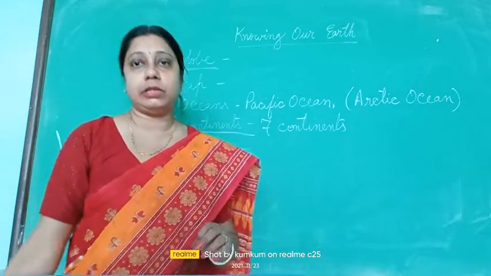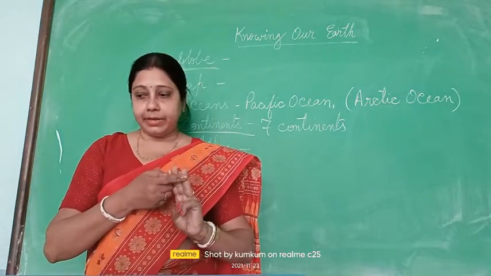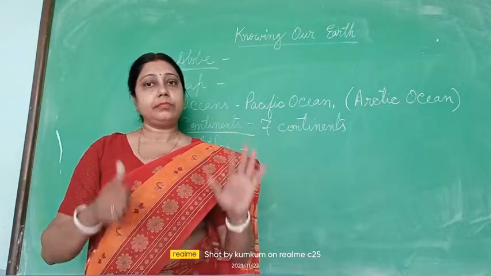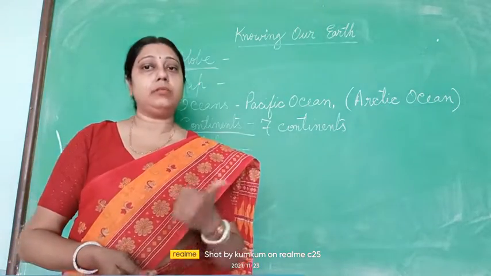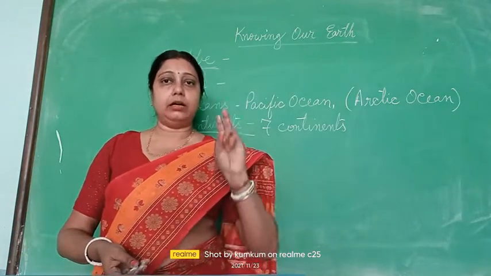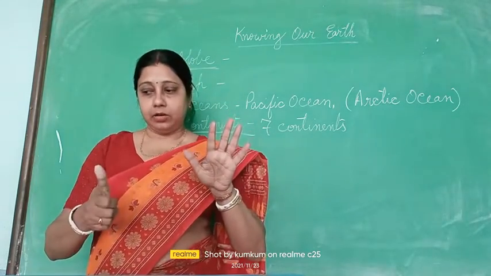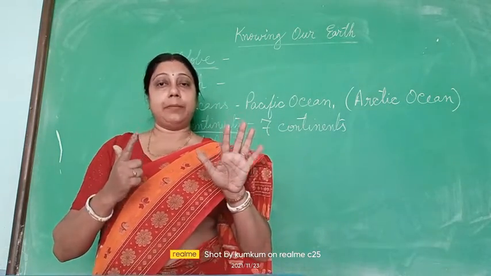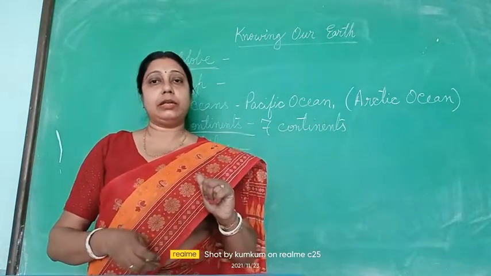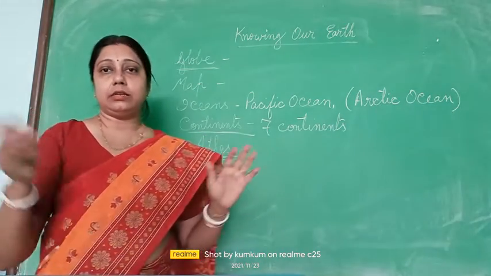The 7 continents are Asia, Africa, Europe, North America, South America, Antarctica and Australia. Sorry, I missed Europe, so again: Asia, Africa, Europe, North America, South America, Antarctica and Australia. Asia is the largest continent and Australia is the smallest, and we live in Asia. Asia is a vast continent.